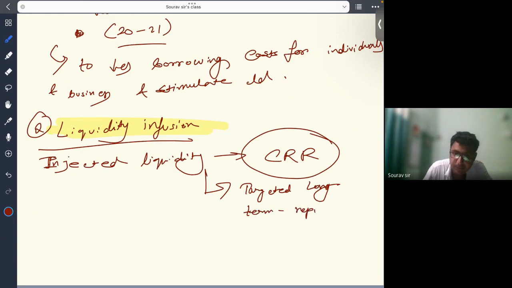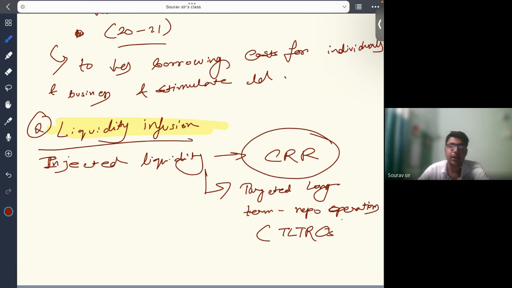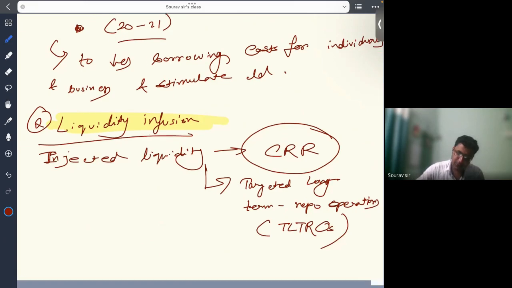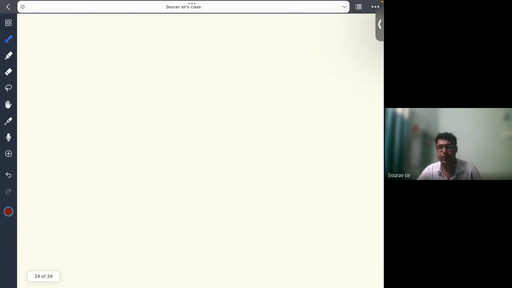This was done to ensure that there was sufficient liquidity in the financial system and to support lending by banks. So actually all these are measures to increase liquidity.